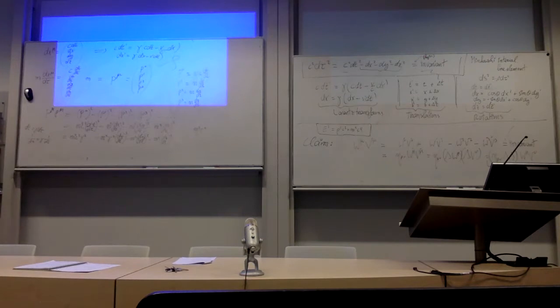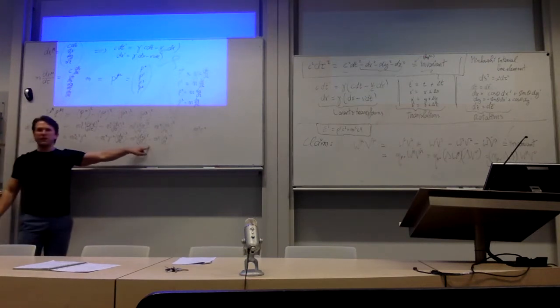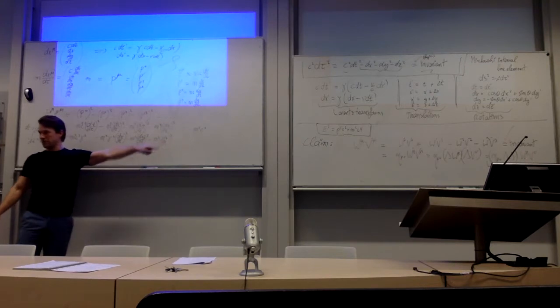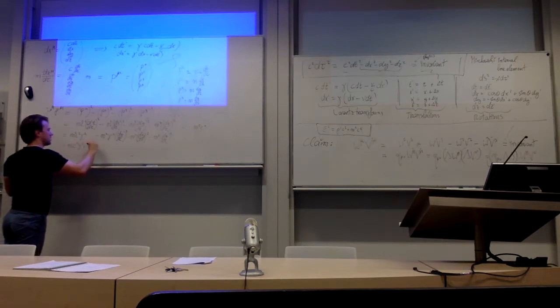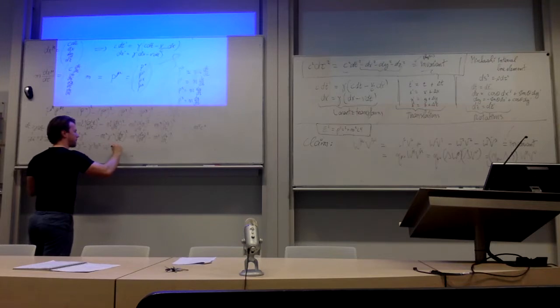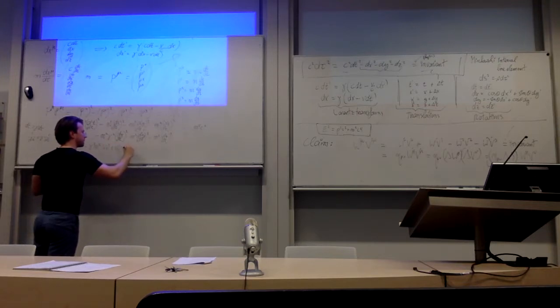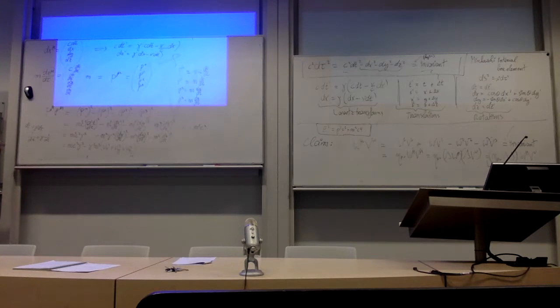There you go. Here's the velocity in x direction, velocity in y direction, velocity in z direction. Let's group everything together. Are you missing gammas? Y and Z. No, I'm missing gammas.